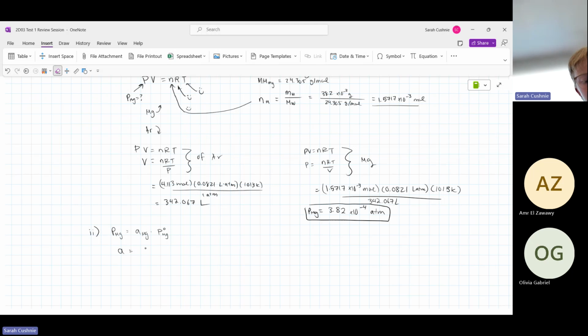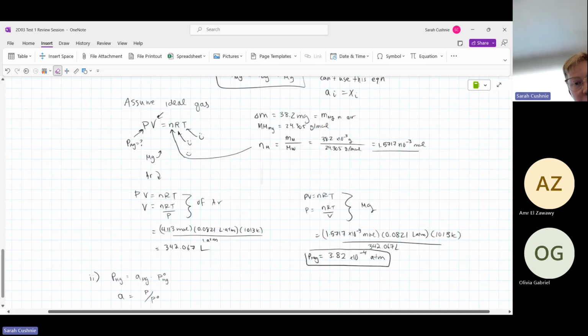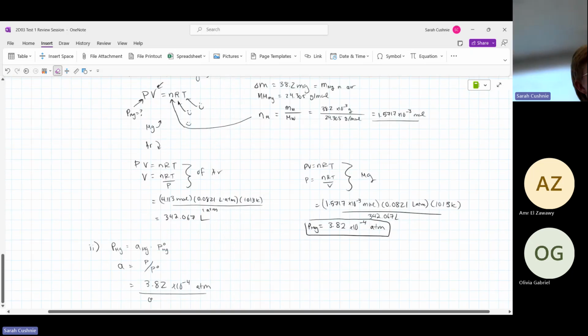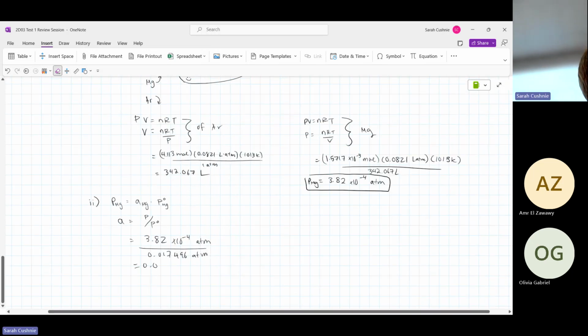So you can calculate A is equal to P over P saturated. We already calculated both these values, remember? 3.82 times 10 to the negative 4 divided by whatever we got above, which was 0.017496, which is equal to 0.0218. And there's no units for activity, so we just have a nice little answer.